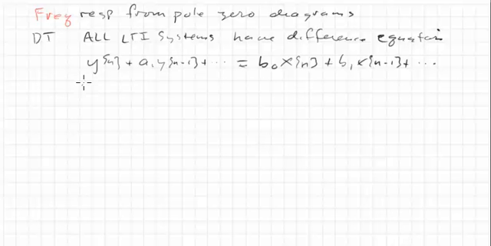When we take H of z, we end up with a rational fraction. So all linear time invariant systems can be written with a system function that's a rational fraction. It looks something like this.